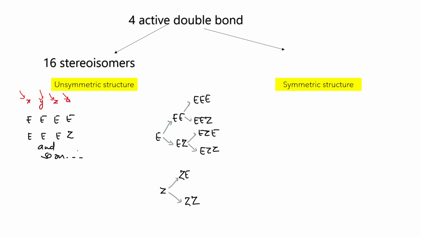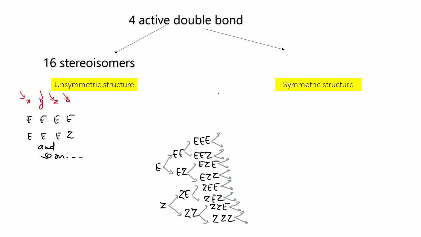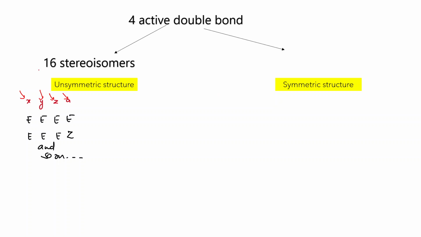Then you go to 3 related sequences, you will get 8, and then beginning from any of these 3 related sequences, you will get 2 more options for 4 related sequences, and this will give you 16 stereoisomers. 16 sequences, and in this kind of unsymmetric structure you can't flip the molecule. That's why all these sequences will represent 1 molecule each, and that's why we have 16 stereoisomers.